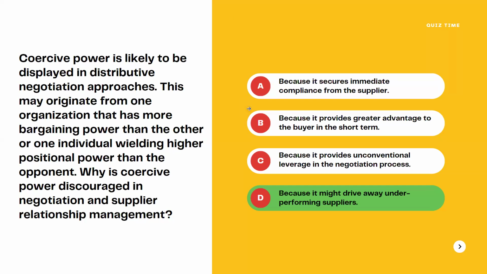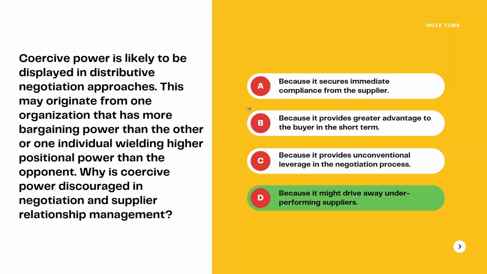Okay, so the question is about why coercive power is discouraged in negotiation and supplier relationship management. The thing is, we need to read the options carefully. Okay, option A, because it secures immediate compliance from supplier. That's not a reason for discouraging. It's an advantage. It should be encouraged.